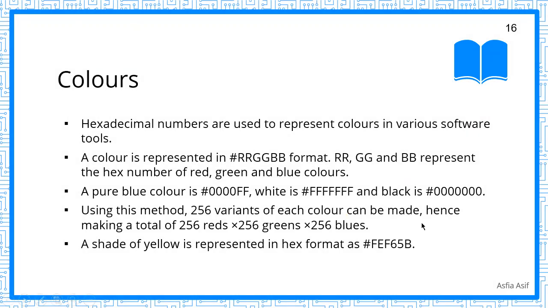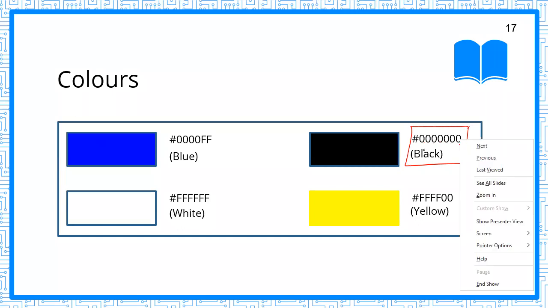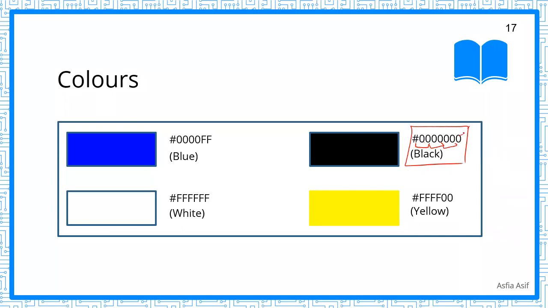You can see reds, greens, blues, as I said over here. If we have this code, all zeros, meaning no red, no green, and no blue.